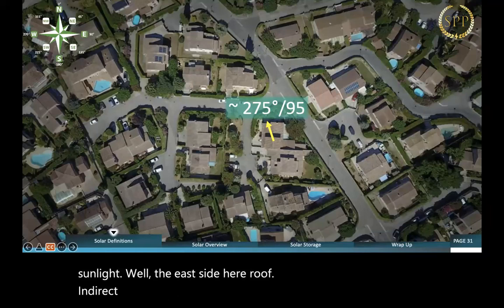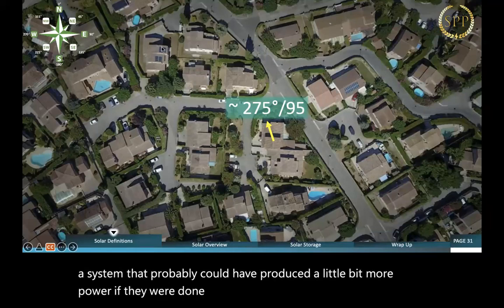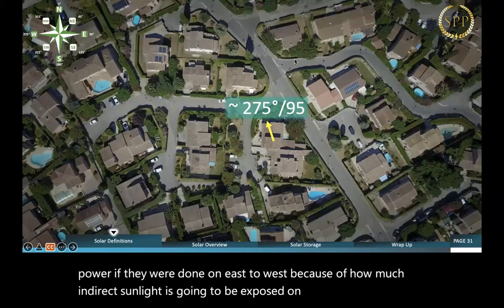So really what happened here is you're looking at a system that probably could have produced a little bit more power if they were done on east to west, because of how much indirect sunlight is going to be exposed on these panels during over half of the day.